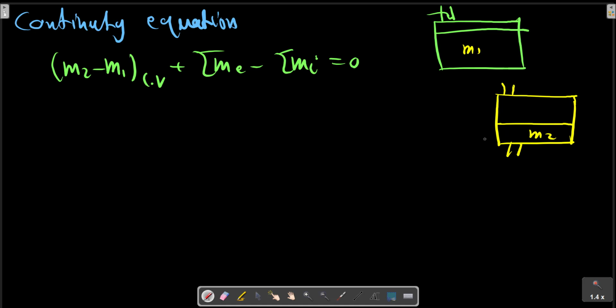We have only m_e and m_i here. m2 and m1 denote the quantity of mass in the control volume at the second state and at the first state, and sigma m_e is the total mass exit and sigma m_i is the total mass entrance.